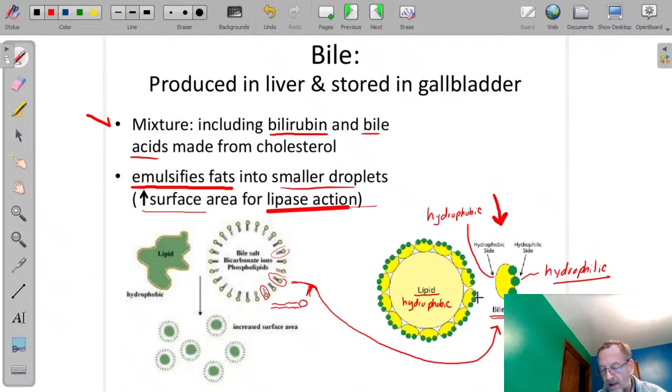And what you do is that you coat it with these bile salts, these bile acids, and the hydrophobic side in yellow associates with the hydrophobic lipid, and they get stuck together. And so pretty soon this blob of fat, this large lipid droplet, is coated with these bile salts, these bile acids, and then this portion, the green, interacts with the water.